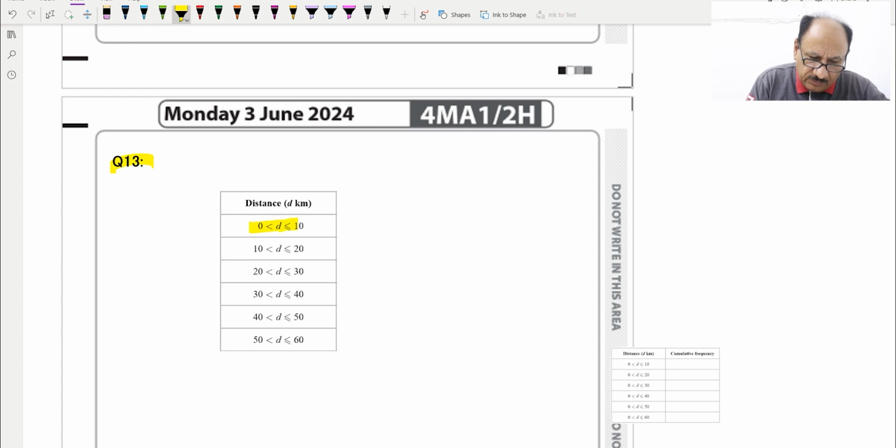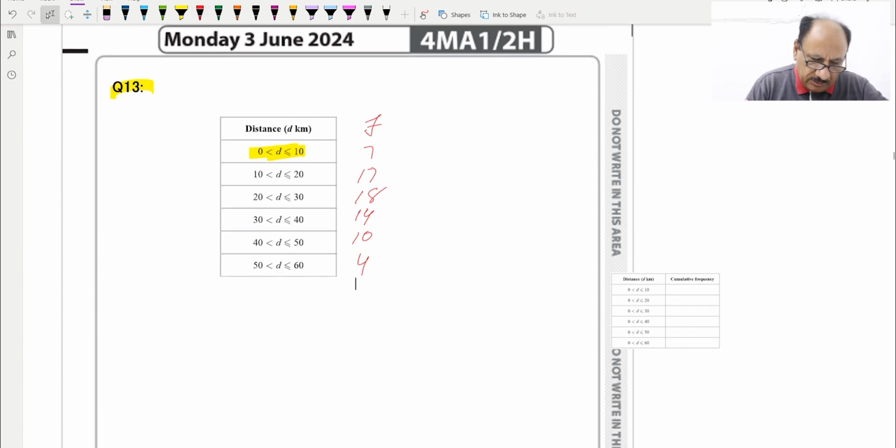And for this range 0 to 10, frequency is 7, and for next range 10 to 20, frequency is 17, and 20 to 30 given frequency is 18, 30 to 40 is 14, and 40 to 50 is 10, and 50 to 60 is 4. So these are the frequencies provided.